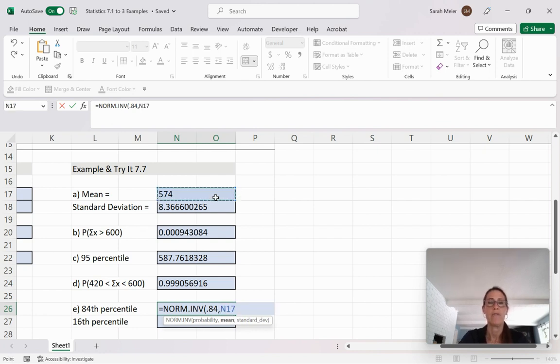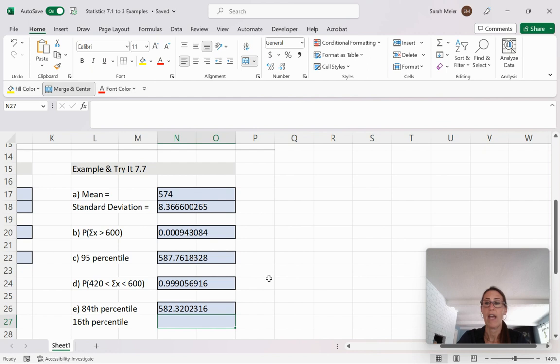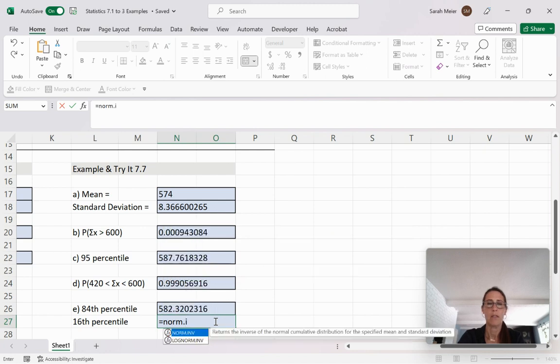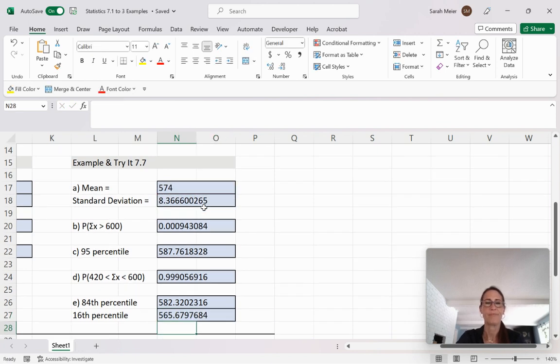We're going to use the mean 574 and the standard deviation. We get 582.3. And then the 16th percentile, it's just the same formula, but we're going to use 0.16 and then our mean and our standard deviation.